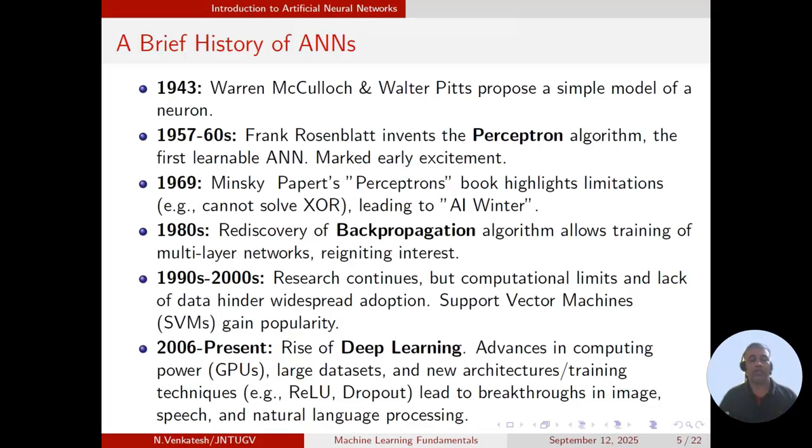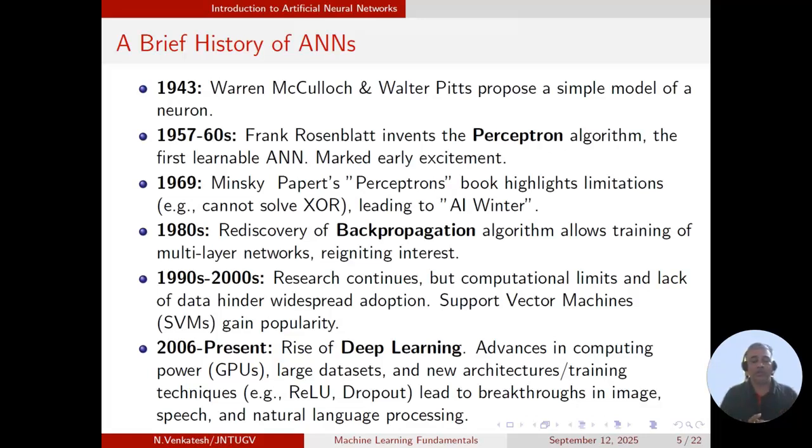The research continued, but due to the inherent complexity of the backpropagation algorithm and needing many layers of the network for solving problems, at that time, due to computational limits as well as the lack of data, it did not continue, and at the same time support vector machines gained popularity.